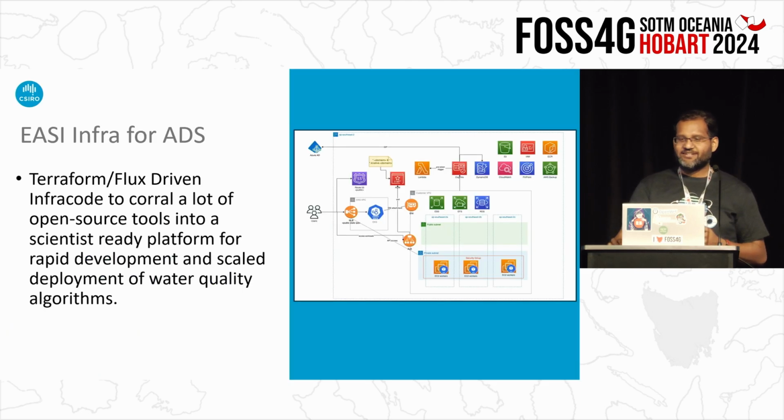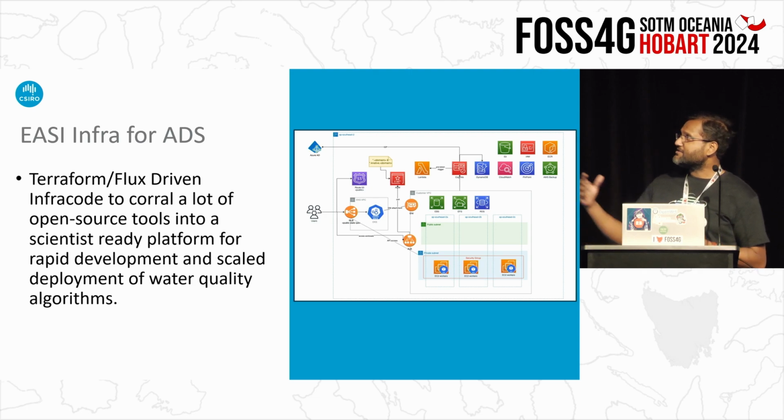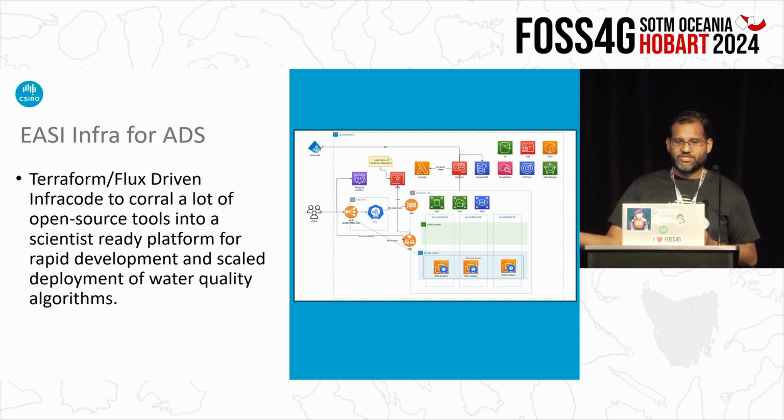I'm an infrastructure engineer these days in my role. So most of the time I'm wrangling Terraform and Flux and being a YAML engineer, doing Kubernetes clusters. This diagram was put together by one of the AWS architects consulting on the project.